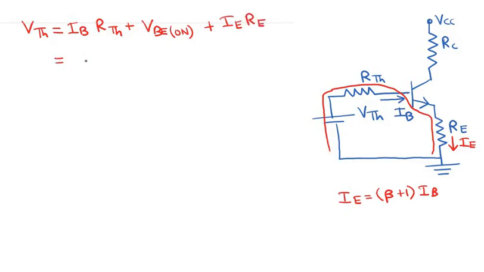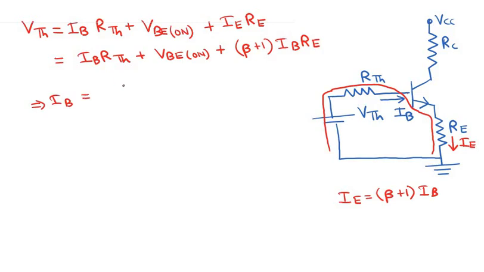So this is equal to IB into RTH plus VBE on plus IE, which is beta plus 1 IB, times RE. So IB is given by VTH minus VBE on divided by RTH plus beta plus 1 RE.